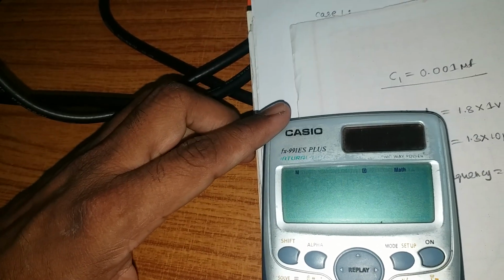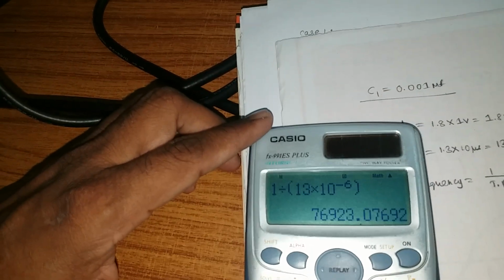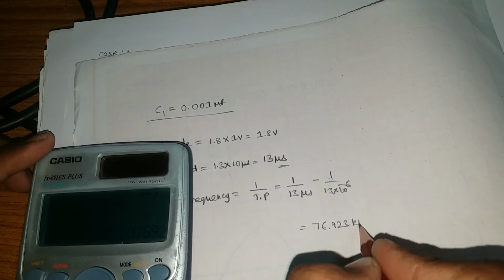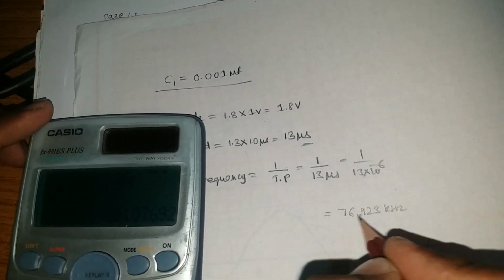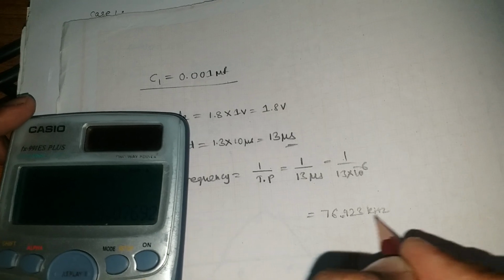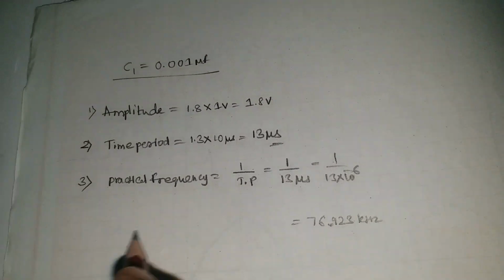If you do this calculation, how much will you get? 76.923 kilohertz. I am converting into points here. Otherwise, you can write 76,923 hertz. Okay, this is the practical frequency.